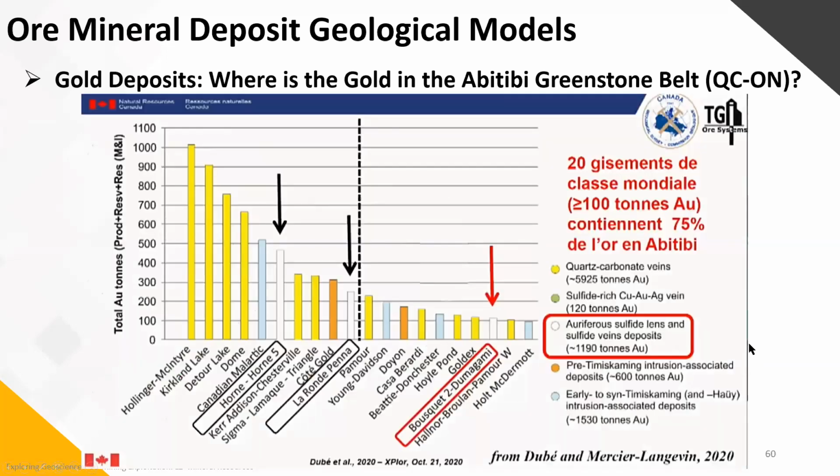Within the greenstone belt, we can see here also the main deposits and where they stand. Twenty of them stand within the world-class type of deposits. 75% of gold from Abitibi is within these classes.